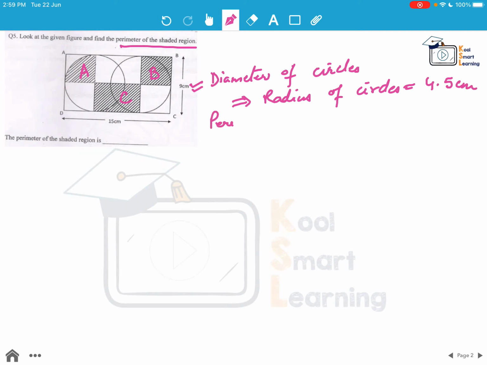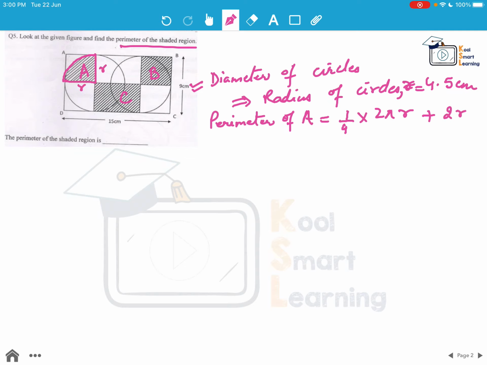Right, now let's see what is the perimeter of A. Perimeter of A is this, which is 1/4 the circumference of the whole circle. So this is 1/4 into 2 pi r, where r is the radius of the circle, plus this side, which is nothing but r itself, and this side, which is again r.